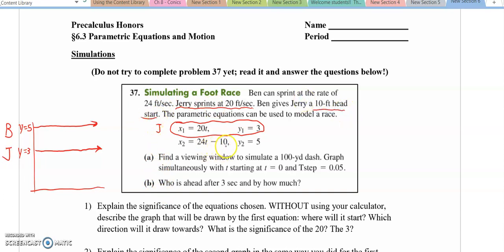Think about how they've used that in the problem. What does it mean to have a 10-foot head start? Well, if we put 0 in for time, you'll see that Ben's position is given as -10. That means Ben is actually going to start 10 feet behind the starting line. He'll be staggered back, and so he's got to run 10 feet just to get to the starting line.